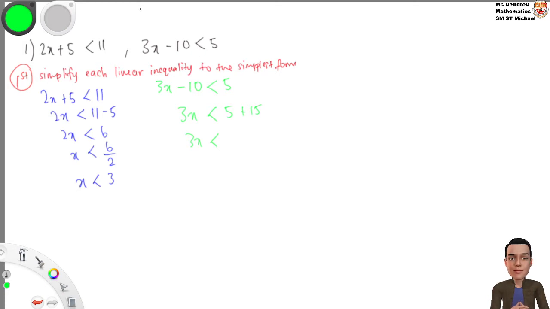Sorry, this one is supposed to be plus 10, so 5 plus 10 is 15. So x less than 15 over 3. Then you'll get x less than 5.